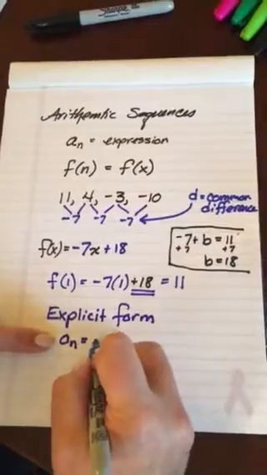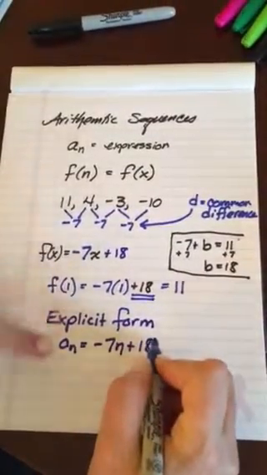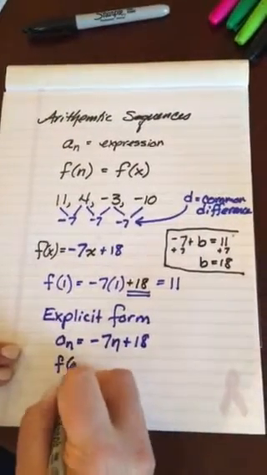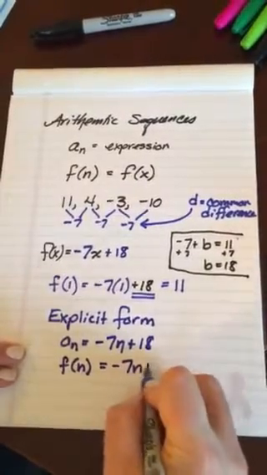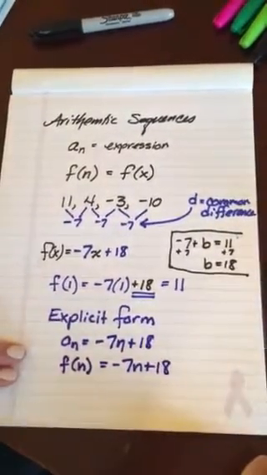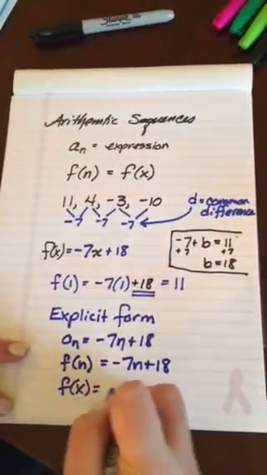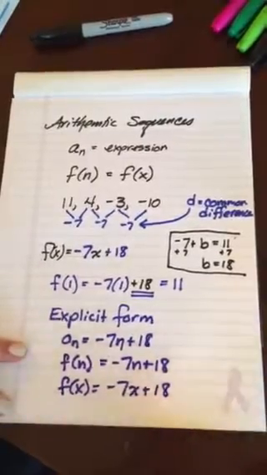And I can have -7n plus 18 for this particular example. Or I can write it as f of n equals negative 7n plus 18. Or I could write it as f of x equals negative 7x plus 18.